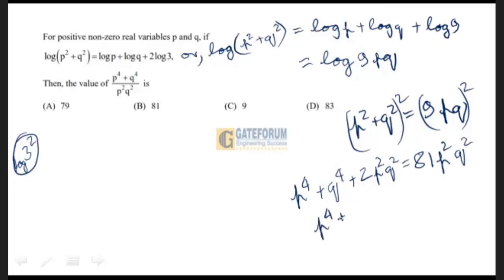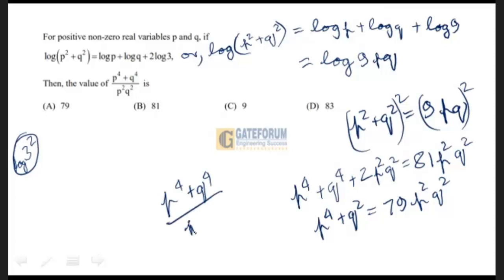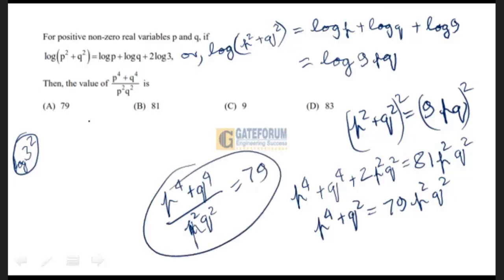Hence P4 plus Q4 is 79 P square Q square. So P4 plus Q4 divided by P square Q square is 79. This is the simplest way to do it, and the correct option is option A.